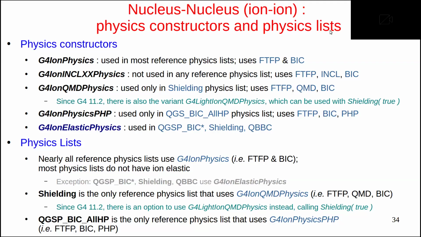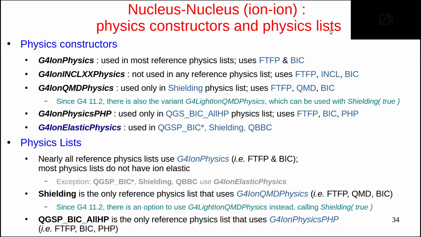The QMD, which uses FTF, QMD, and binary. And then we have the PHP, which uses ParticleHP besides FTF and BIC. And finally, also the ion elastic physics, which is used in those physics lists.